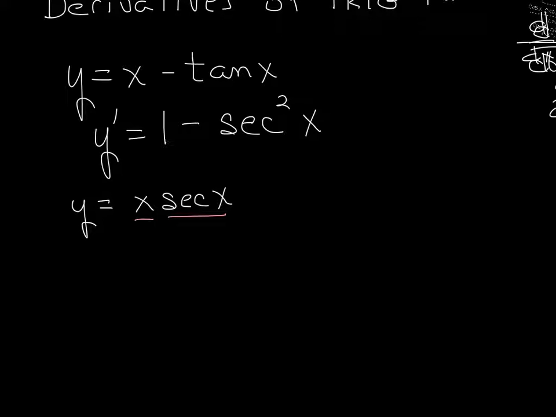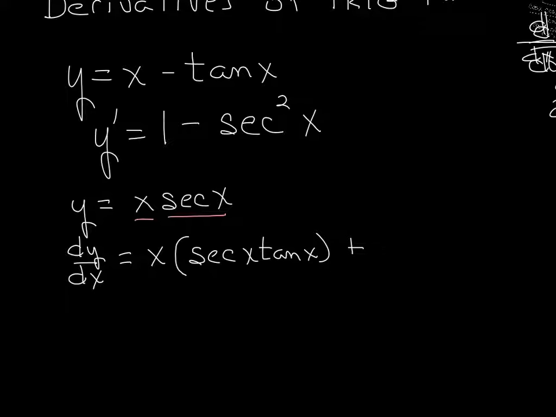So the derivative of y with respect to x, remember that's the same as y prime, it's just another way to write the derivative, is the first term times the derivative of the second term, which we found out was the secant x times the tangent of x, plus the second term times the derivative of the first term.